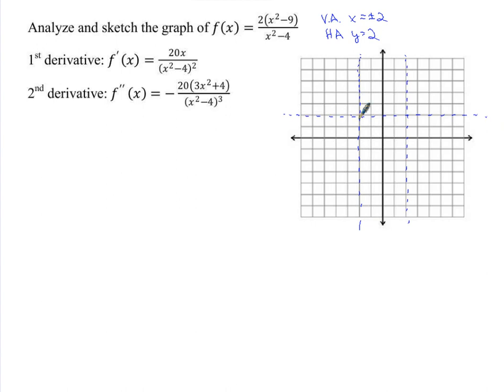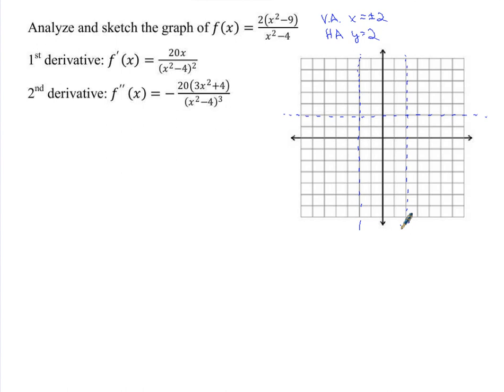As it approaches these asymptotes from both directions, the function will tend to go off to either positive or negative infinity in both cases. So we already have a pretty decent idea of what this thing is going to look like, hopefully. The next thing we need to do is figure out where the y-intercept is and where the x-intercept is, or intercepts if there are any.